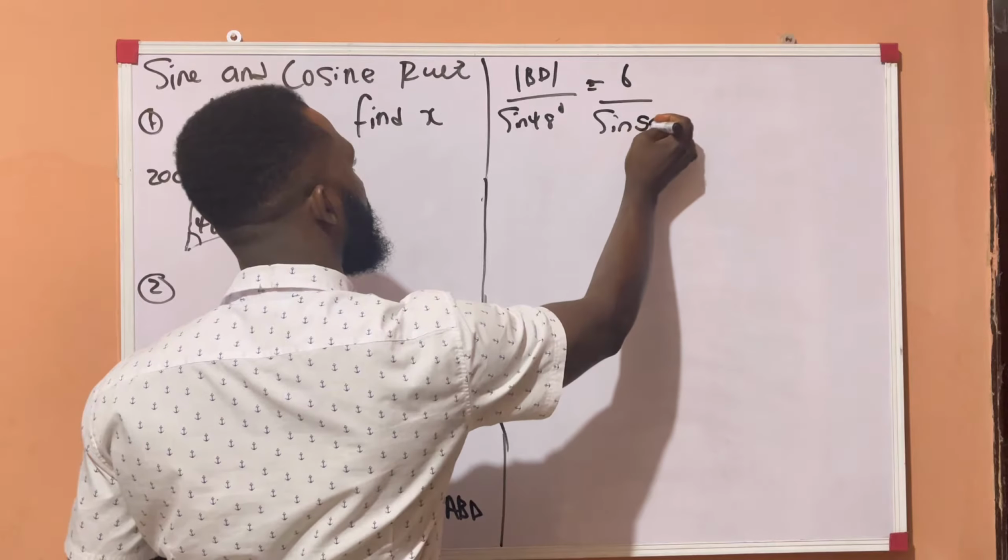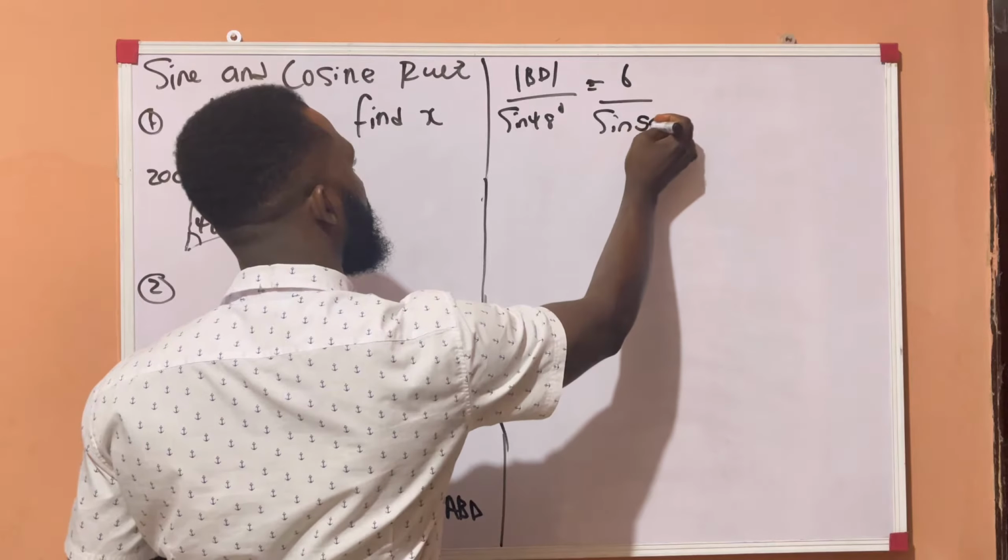Now, when we cross multiply, BD multiplies sine 50 degrees, so BD sine 50 degrees is equal to 6 multiplied by sine 48 degrees, which gives us 6 sine 48 degrees.